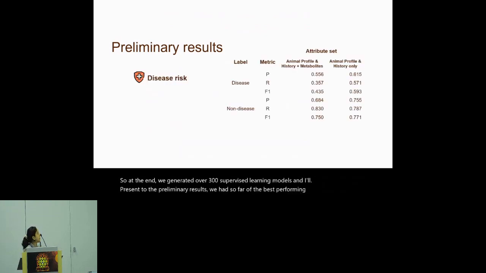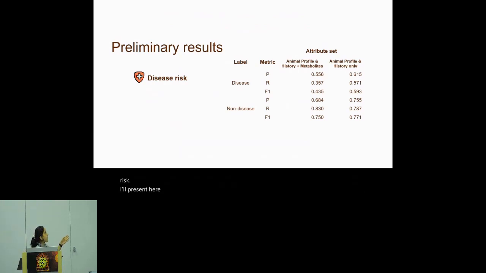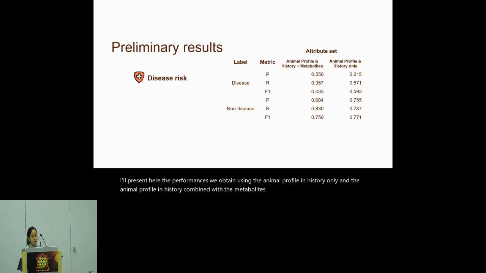So for disease risk, I'll present here the performances we obtain using the animal profile and history only, and the animal profile and history combined with the metabolites. At least for disease risk, it seems that the animal profile and history only perform better than if combined with the metabolites.